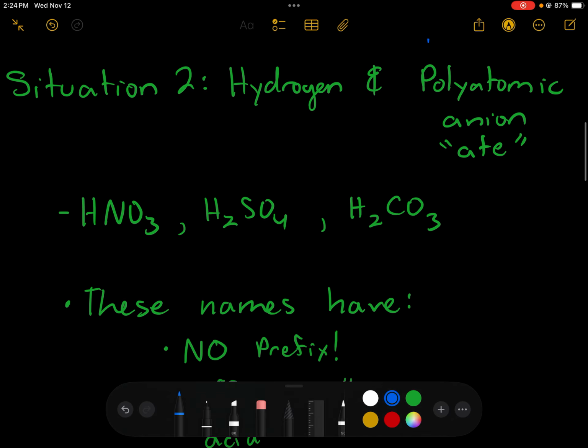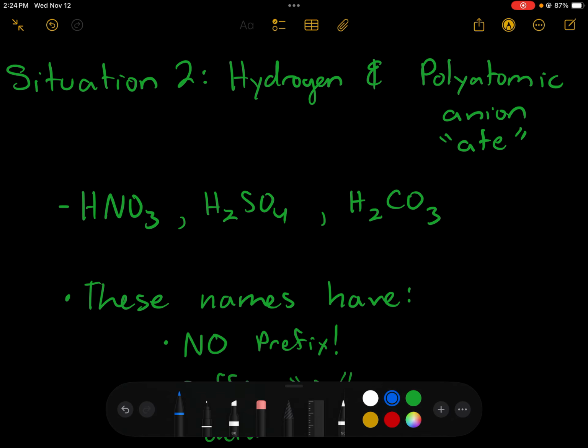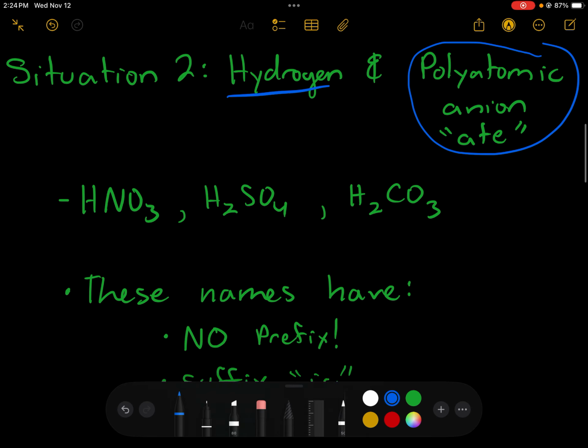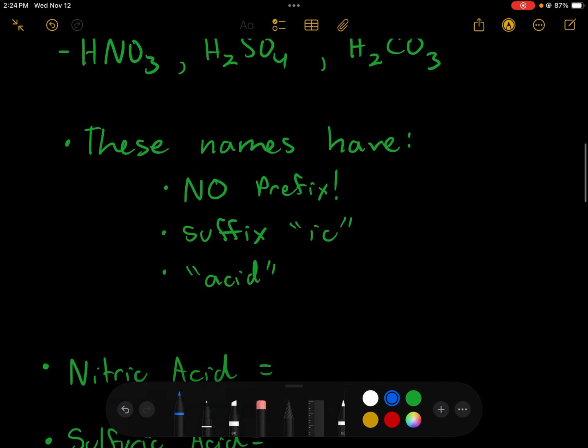Situation 2 that you could run into with an acid: you could have hydrogen paired with a polyatomic anion that ends in ate. Examples of that would be sulfate or nitrate or carbonate. In the names, you will see that they do not have a prefix at all. They still will have an ic suffix, and they will have the word acid.